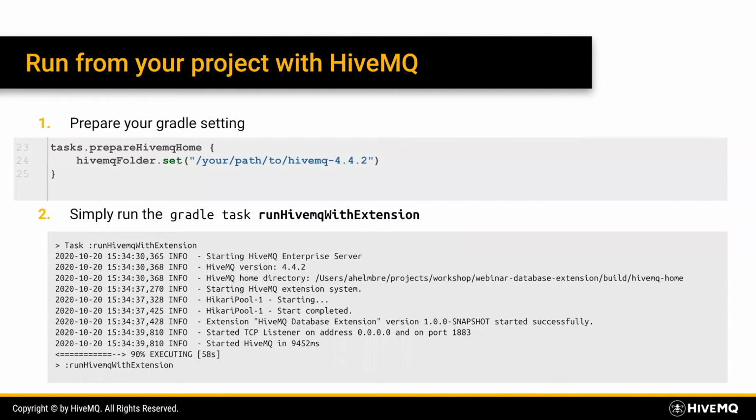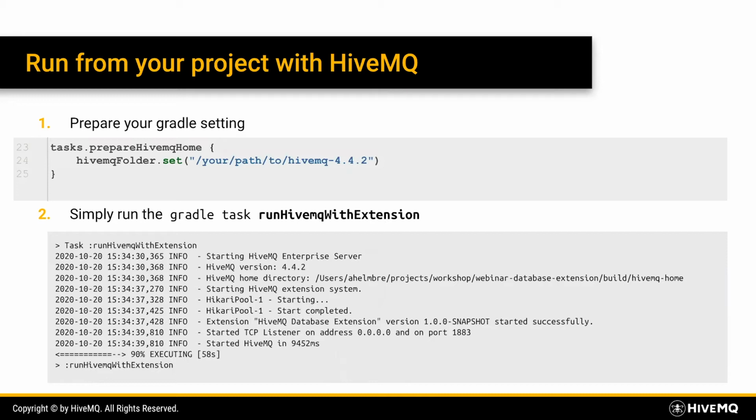But maybe we don't want to always build a zip file, and we would like to run our extension from our project. This is also easy, because we have also prepared a Gradle task for this, and the task is named prepareHiveMQ. First we use the prepareHiveMQHome property, and here we can set our HiveMQ folder to our local HiveMQ instance.